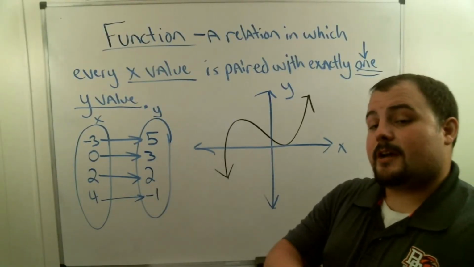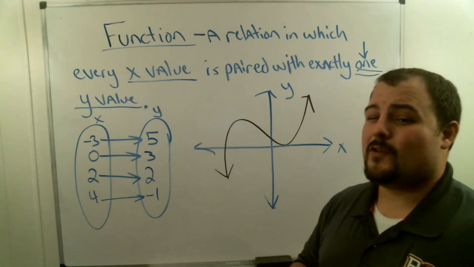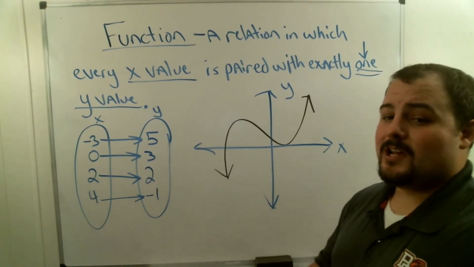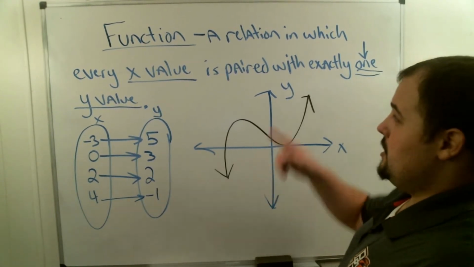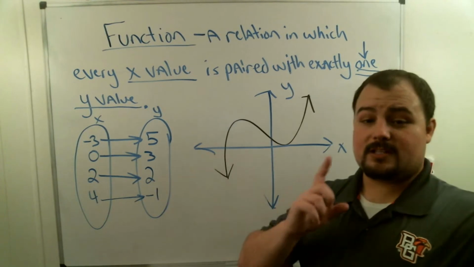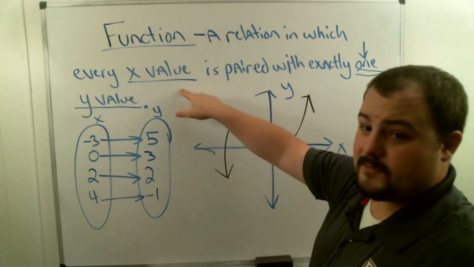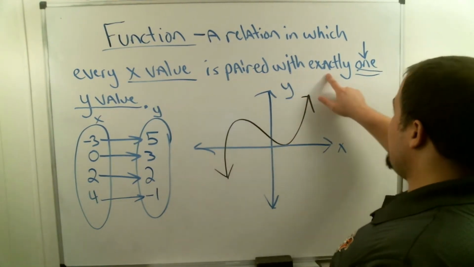Alright, so you guys just copied down all of our vocab words for this lesson. Yeah, it's about 6 or so vocab words. That's okay. Here's a little bit more of the idea of what a function is. This is a better definition. A function is a relation, which means that we have an x and y paired together in which every x value, and notice I underlined the words x value, is paired with exactly one.